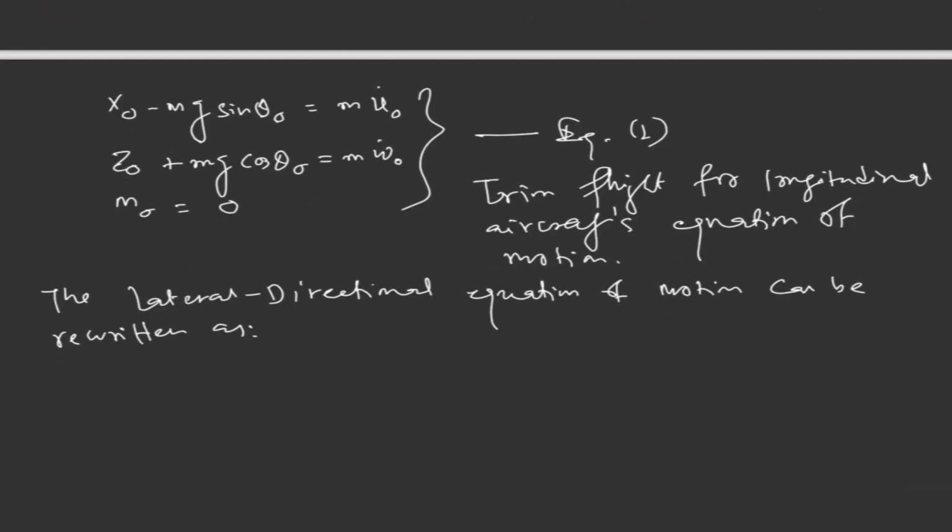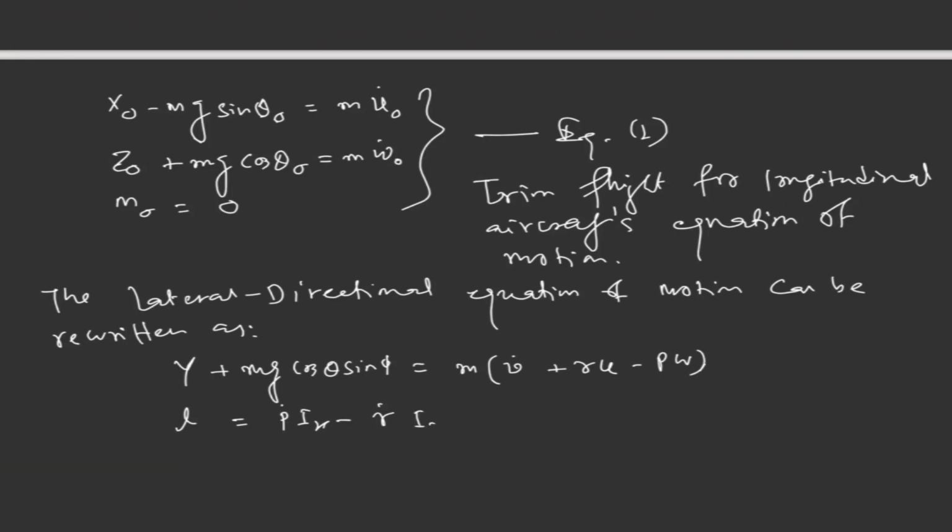In lateral directional motion, we consider the force along the y-axis and moments along the x and z-axes. Y plus mg cos theta sin phi equal to m into v dot plus ru minus pw, and the moment along the x-axis: L equal to p dot Ix minus r dot Ixz plus qr (Iz minus Iy) minus Ixz pq.